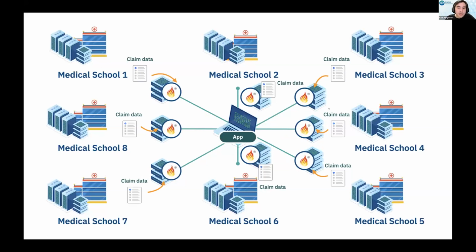It depends on each hospital. Each of them will use the existing claim data that they already have, convert that data, and store it in this FHIR server. And then they will have another app that connects with this server. So that is their approach in the first phase.